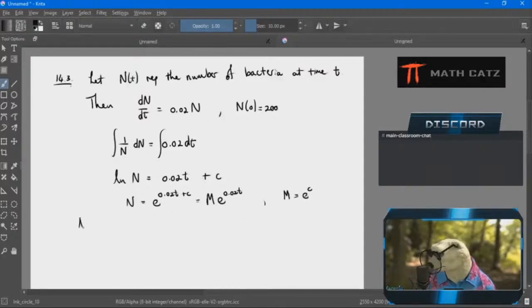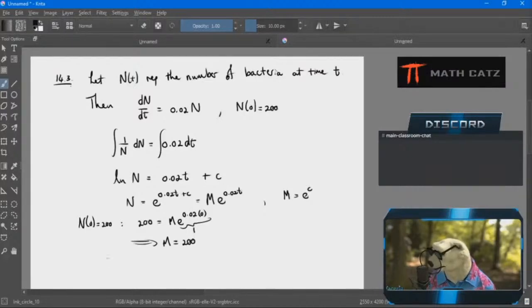Then I'm using the fact that my initial condition is 200, plug that in, so 200 equals M times e to the 0.02 times 0, and because e to the 0 is 1, that leads me to M being 200, which I already knew should be the case.